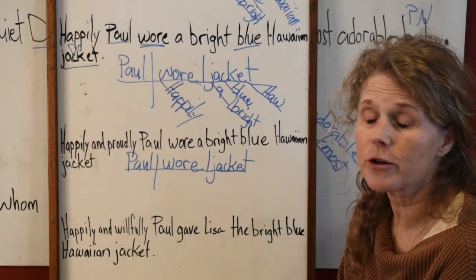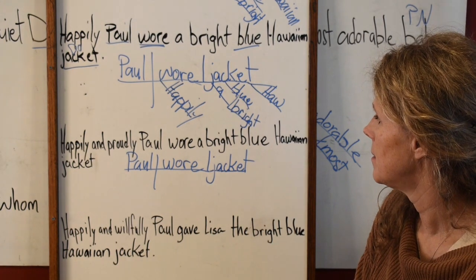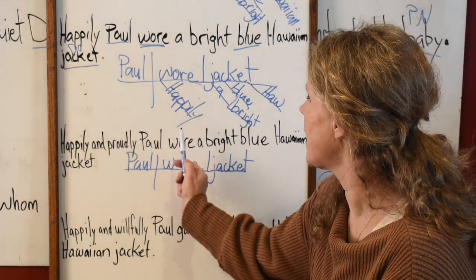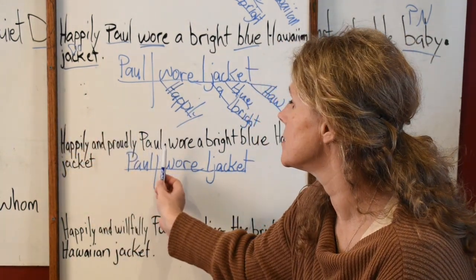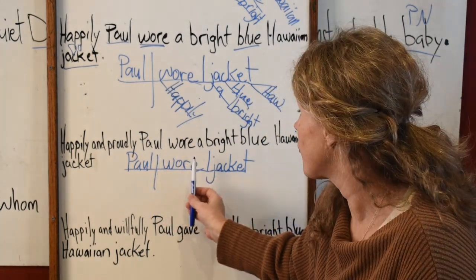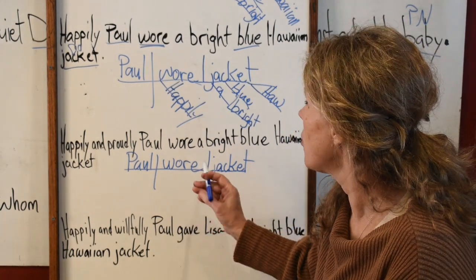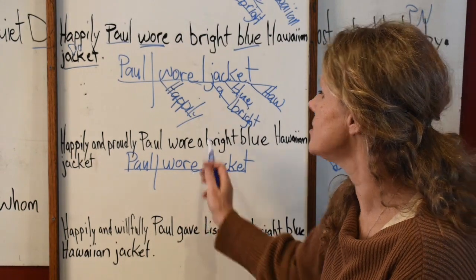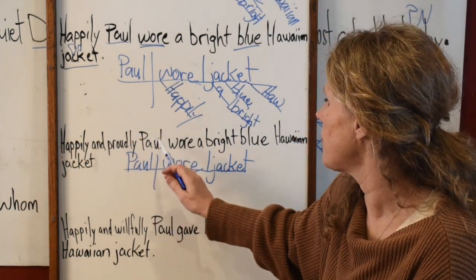We have two adverbs in here that are describing the verb. What are they? Happily and proudly. See how it looks like all of this is a subject, but it's not. LYs almost always describe verbs, adjectives, and other adverbs, right? So this is describing wore. How did they wear it? You could say, how did they Paul?